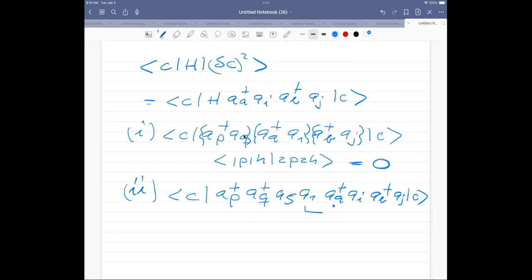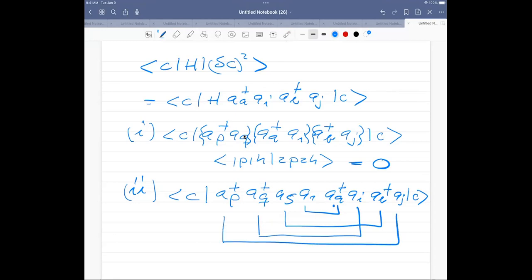So I contract this one, and then I contract this with B. But then you see that when I'm now performing the contractions, let's say with the I state here, then I'm going to have an interchange of fermion operators, so that gives rise to a minus sign. And then I have the final one here.